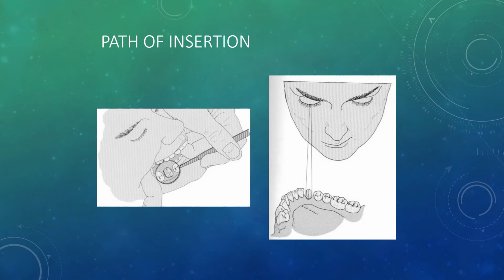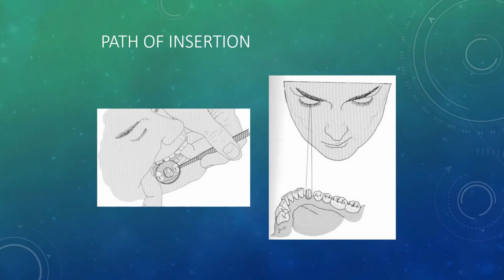Next is your path of insertion. How do you know that there is a single path of insertion and removal of your restoration? As you are still in your practice stages, when you are looking at your typhodont, you need to close one of your eyes and observe the tooth with a single eye from the occlusal or incisal surface.